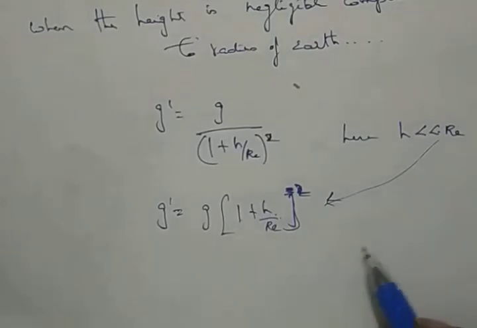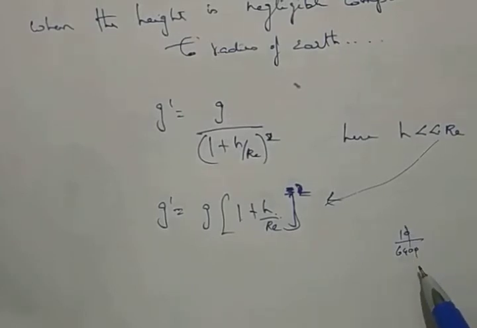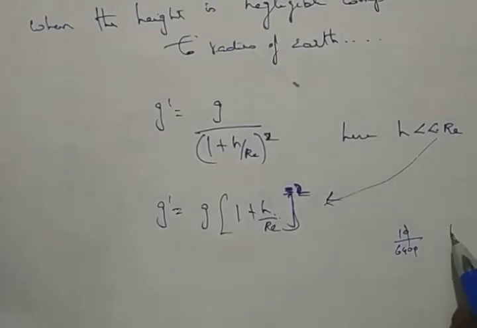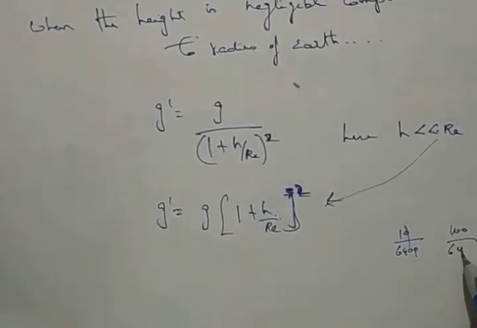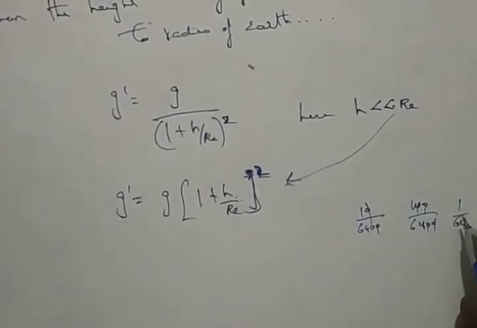Height upon re, maybe it is 10 km upon 6400 kilometers. How will the ratio become? It will be very less. Even if you have 100 upon 6400, it is 1 upon 64, a very small value.